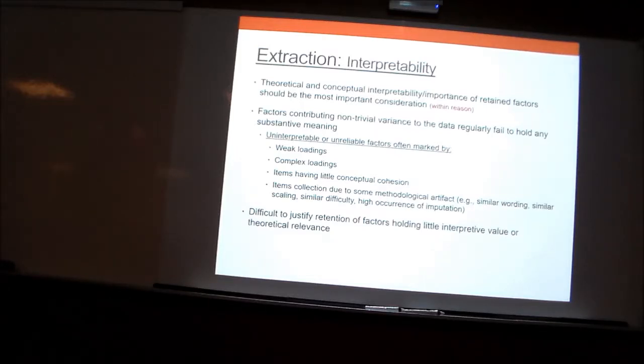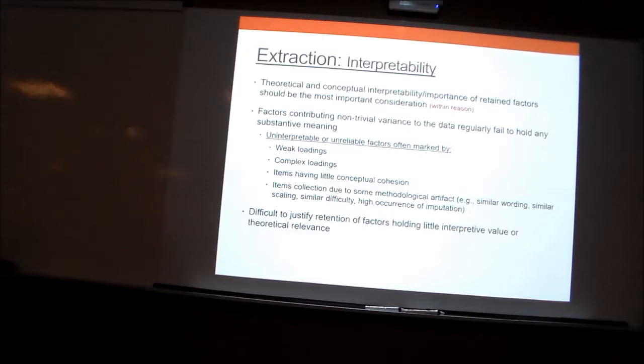Factors contributing non-trivial variance regularly don't have any type of substantive meaning. We start to see uninterpretable, unreliable factors if we have a factor that's marked by a bunch of weak loadings, right? It just has items on it, but none of them are very good. They're all in the 0.4 range. We see complex loadings.